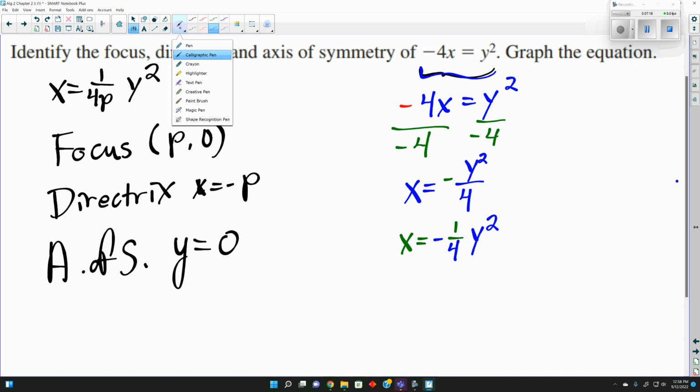Okay, let me get a highlighter out. Well, the p is located in this 1 over 4p, yes? What is taking that place in the equation? Or kind of this here, yes? Because the p is located in that 1 over 4p, which is being multiplied by the y squared, yes? So the negative 1/4 is in the same place, yes?